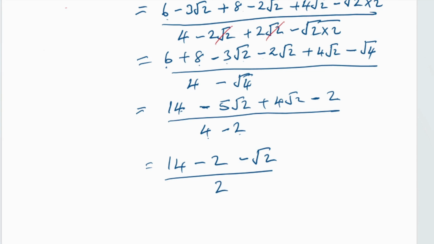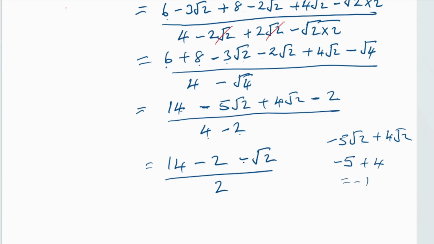Now, minus 5 square root 2 plus 4 square root 2 is like doing 5 plus 4, assuming that square root 2 is a variable, and therefore it will be minus 1.